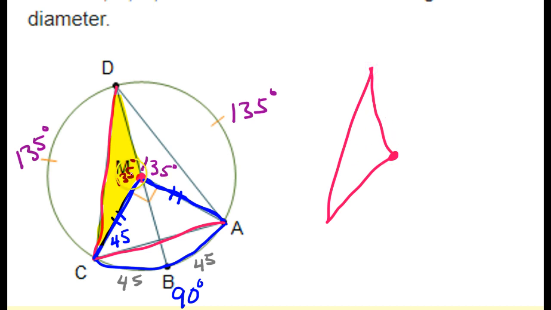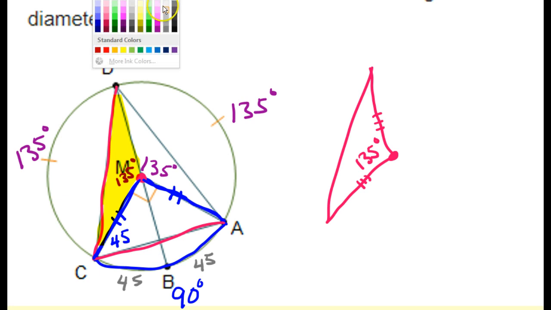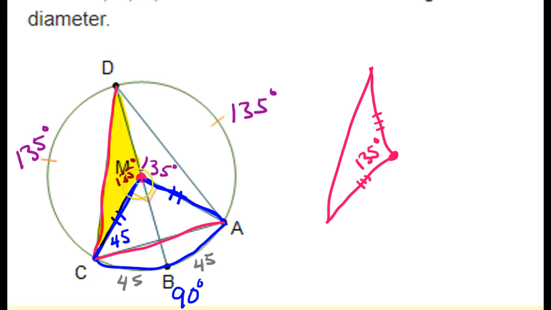So we have this isosceles triangle kind of doing like this. And so we have 135 degrees right here. Now, this side is congruent to this side. That's what I mean by isosceles. And again, the reason why I know that is because this is a radius of the circle, and this is also a radius of the circle. Radii are always equal to each other.